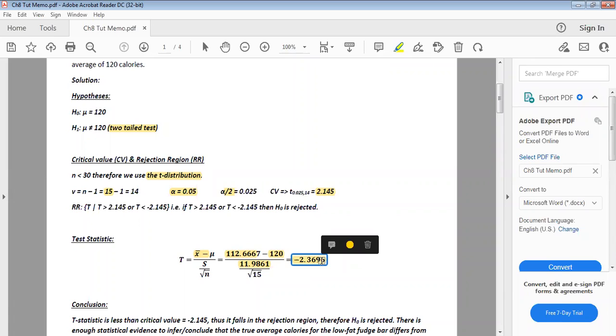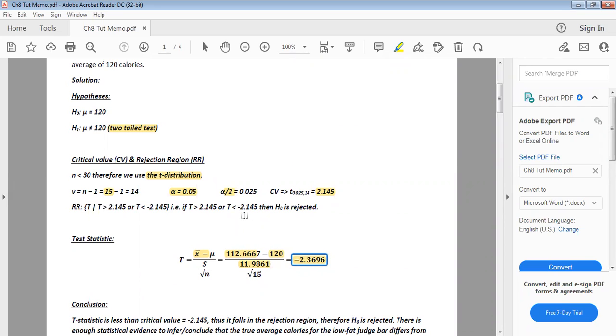We're only going to reject if t is greater than 2.145, or if t is less than negative 2.145. So our answer is negative 2.3695. This is less than that one.